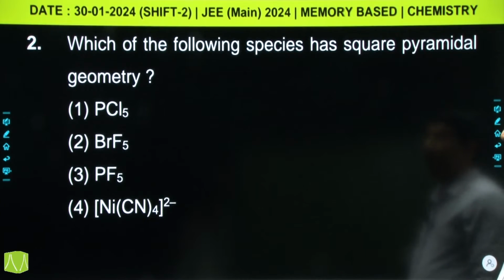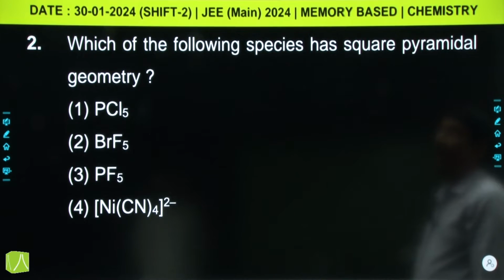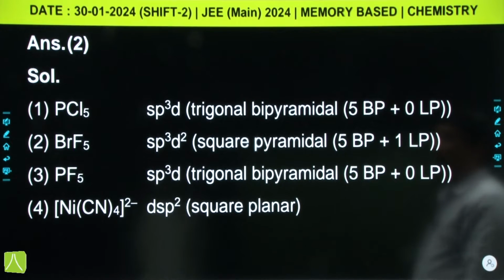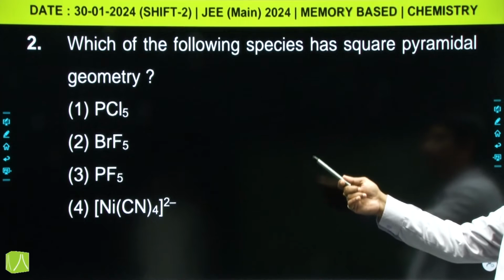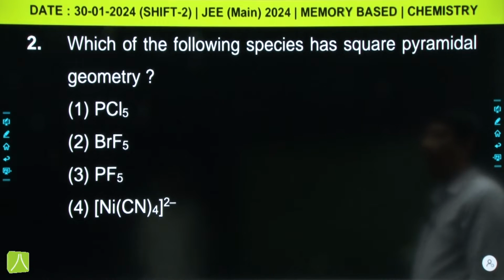So, the question once again: which has square pyramidal geometry among the given species, that is PCl5, BrF5, PF5, nickel tetracyanide.